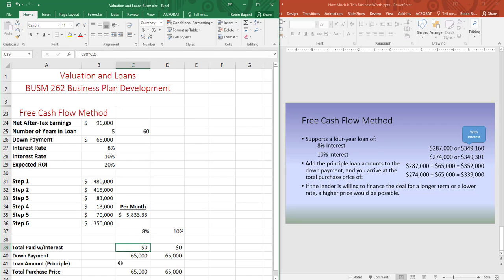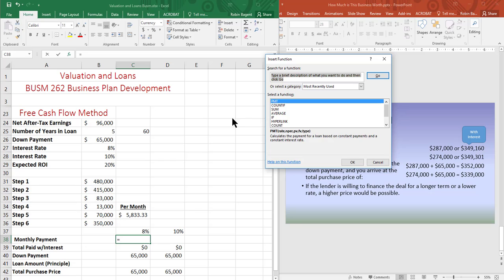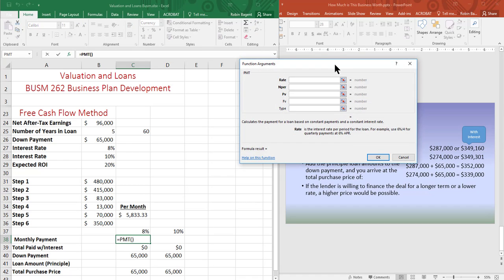First thing we want to do is figure out our monthly payment. To do that, we're going to click on FX for our function, and we're going to find the PMT, or payment function, and we're going to say, okay.